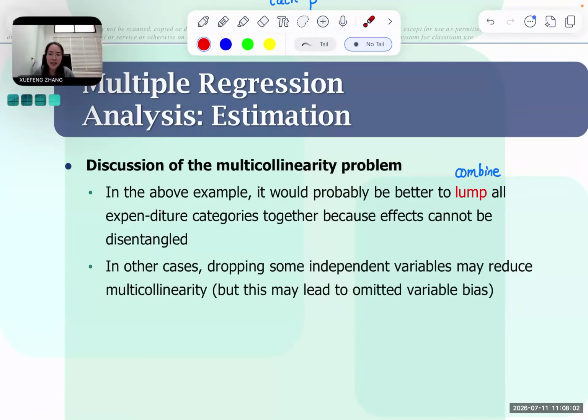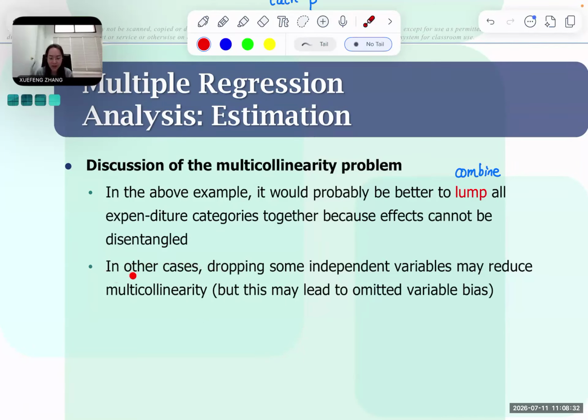If the data can't tell them apart, don't force the model to try. Don't force OLS to run it. You just get noisy, unreliable individual estimates for something you can't actually answer with this data. This is the first point.